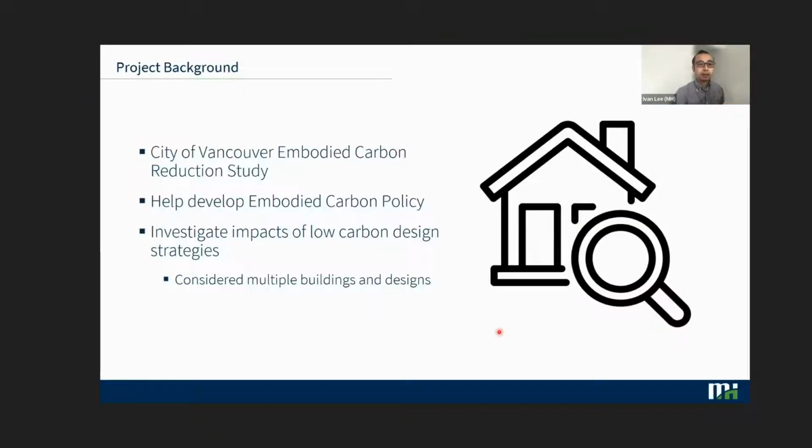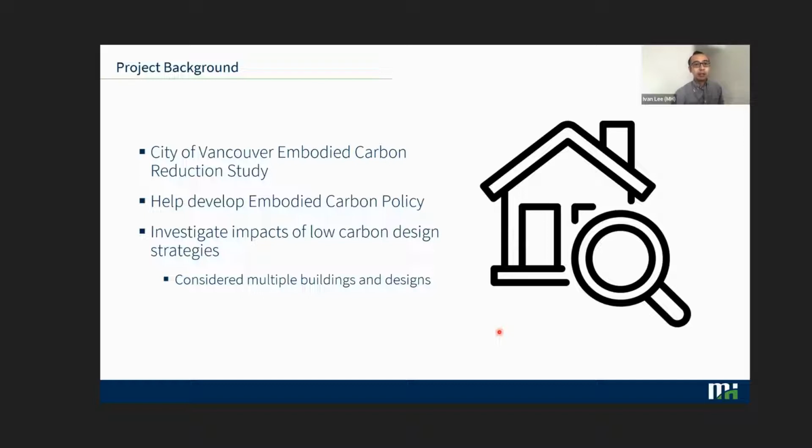So a bit of background on the tool itself. The Embodied Carbon PathFinder tool was actually a spin-off of another project. Just before the pandemic, we were involved with the City of Vancouver in doing an embodied carbon reduction study. This study was to help support them in developing embodied carbon policy, which Patrick will talk about later today.